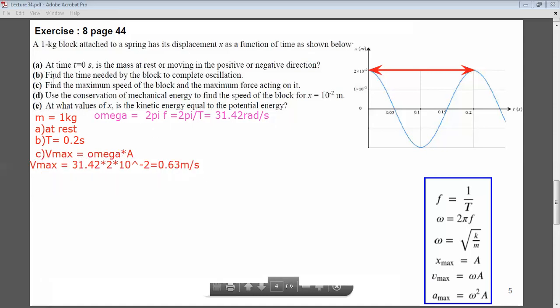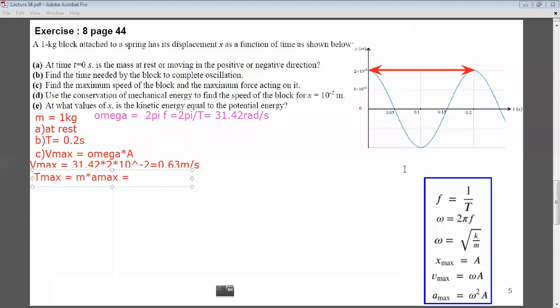Okay, then find the maximum speed and the maximum force. So I have to get the maximum force. The force is the tension. The T maximum will be M times A maximum, which is equal to 1 times A maximum, which is omega squared times A, right?